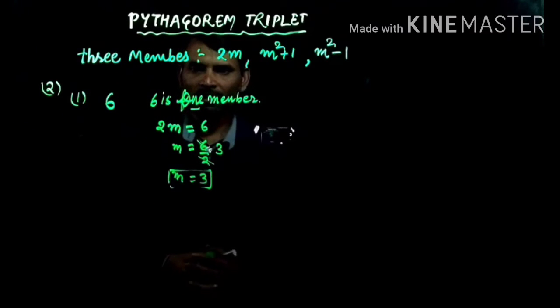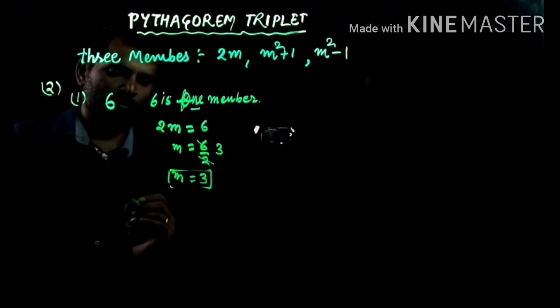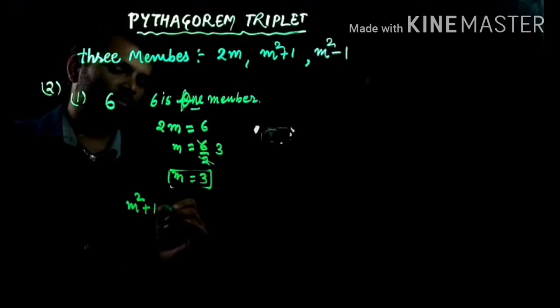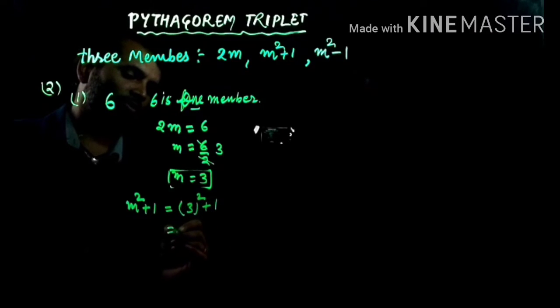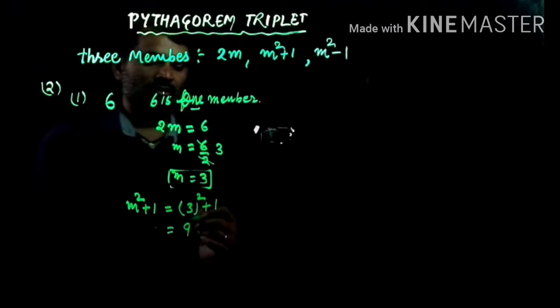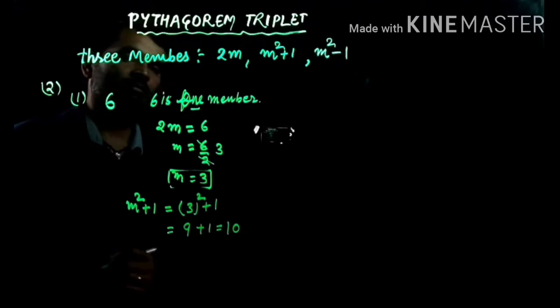Now find the second member, m square plus 1. The value of m is 3, so 3 square plus 1. 3 square means 3 times 3, which is 9, plus 1 is equal to 10.